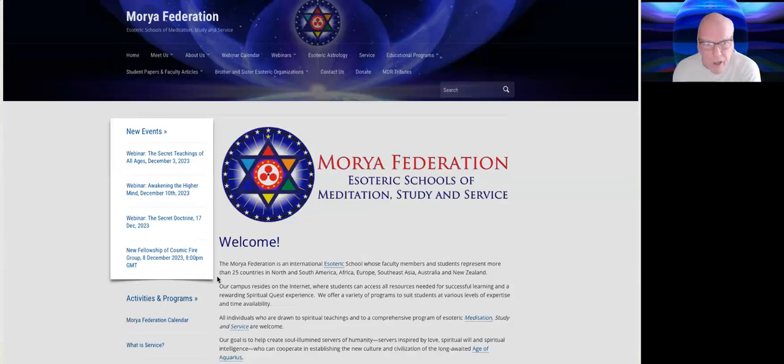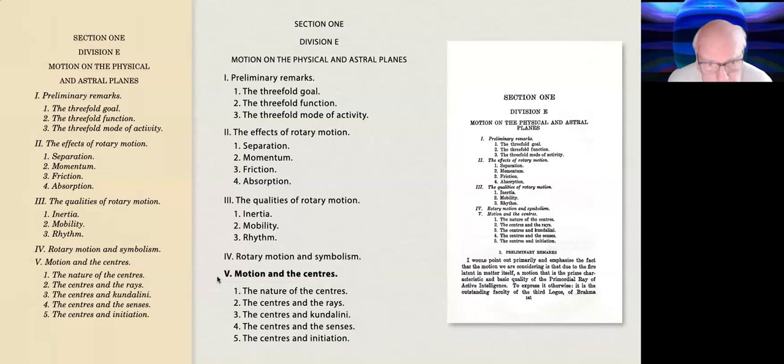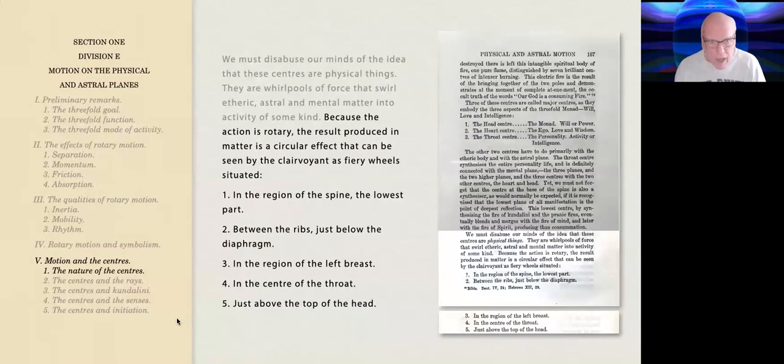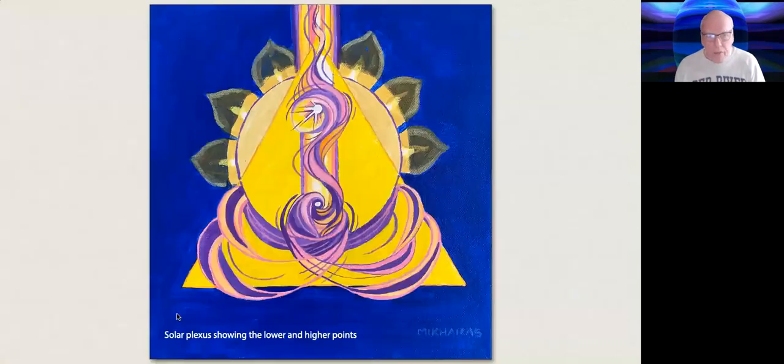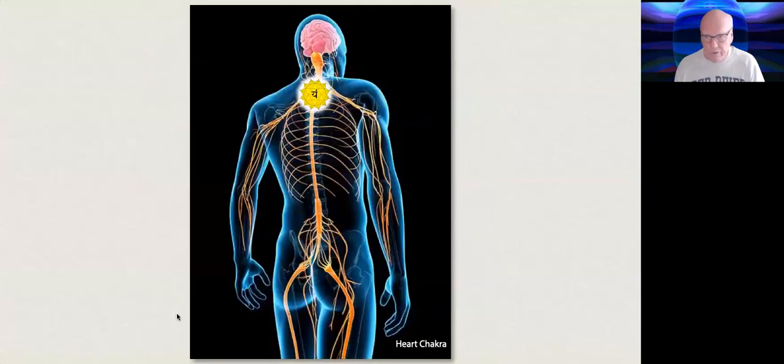Okay, last time we continued with chapter 5 of Division E entitled Motion and the Chakras, in which DK lists the centers, and which we explored both visually and through Leadbeater's texts.